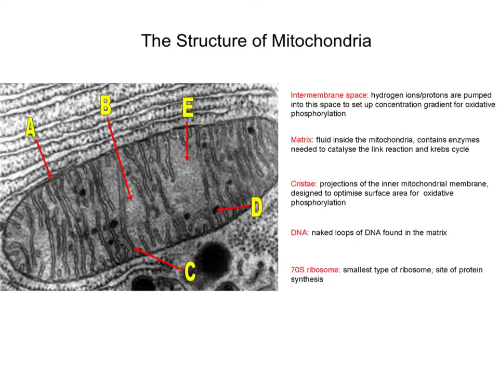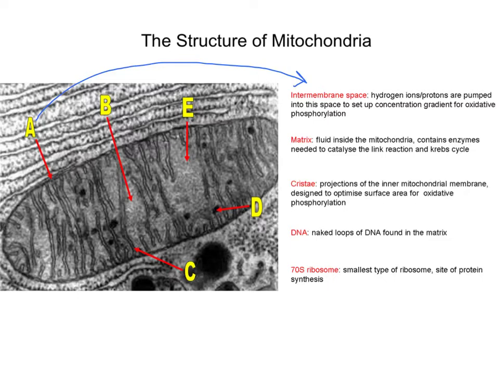So let's start with A. A is what we call the intermembrane space. So this intermembrane space is what our part A is.